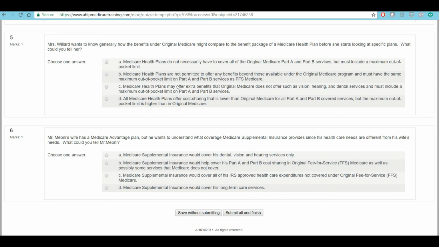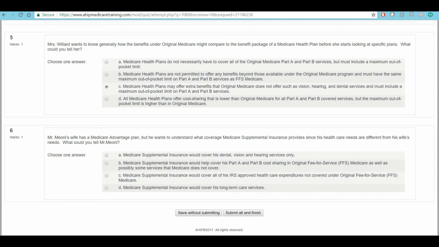Medicare health plans may offer extra benefits that original Medicare does not offer, such as vision, hearing, and dental services, and must include a maximum out of pocket, and that is the golden ticket. All Medicare health plans offer cost sharing that is lower than original Medicare for all A and B covered services, but the maximum out of pocket limit is higher than original Medicare.